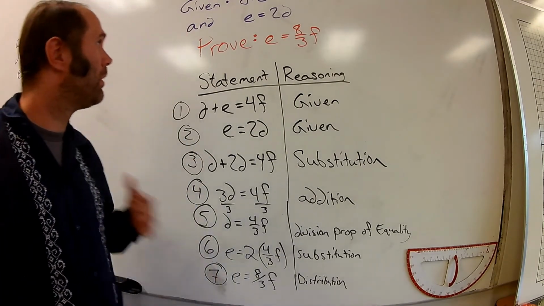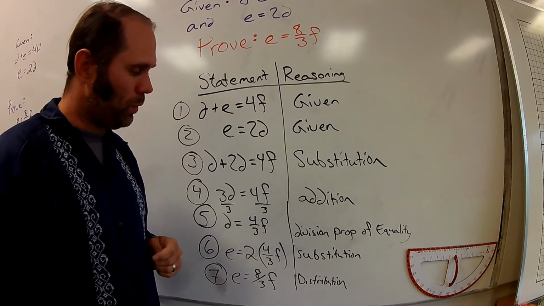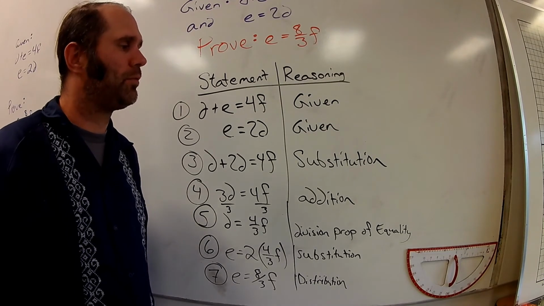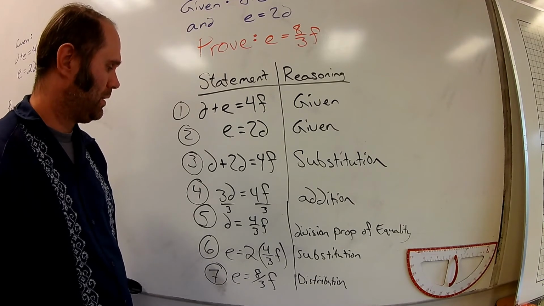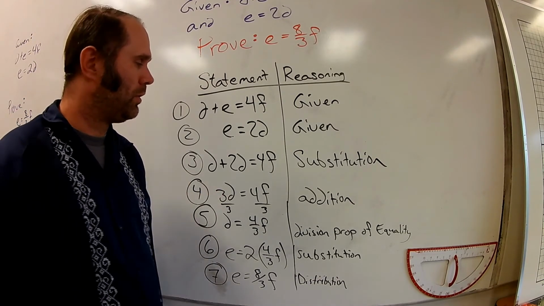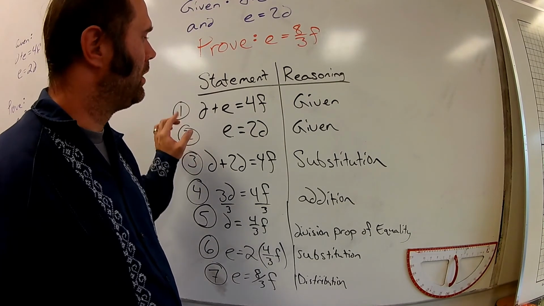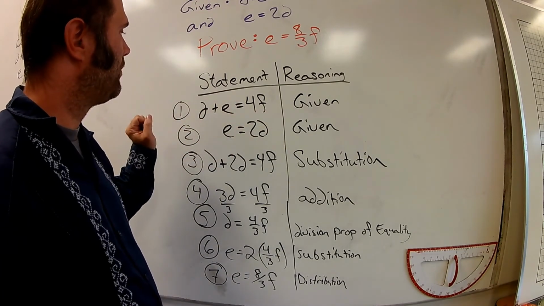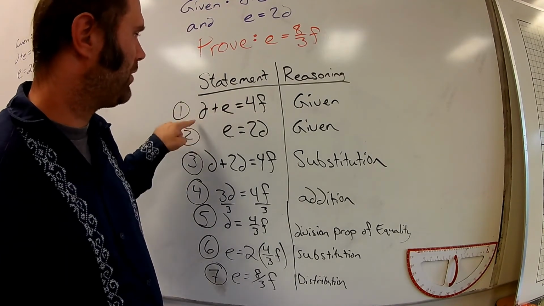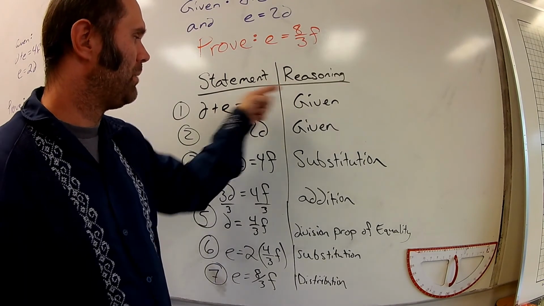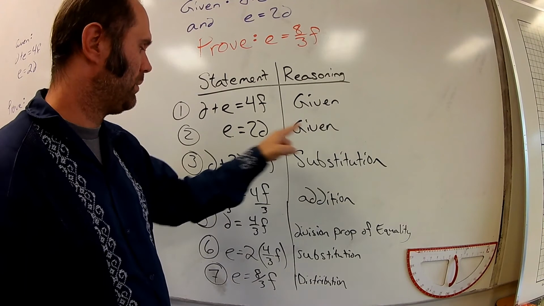So I'm a huge fan of 2-column proofs. We will actually write out some paragraph proofs in the future because they are nice to at least see. But 2-column proofs are really useful. If you were to do the proof where you have the diagram, you would have this in a box and this in a box, and they'd be connected. And you'd have this in a box and this in a box, and you'd have them connected.